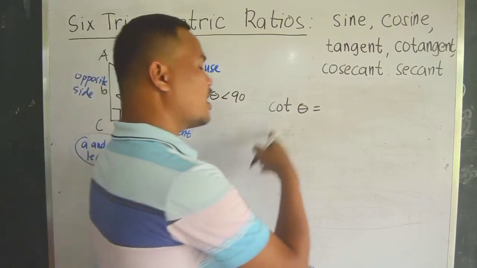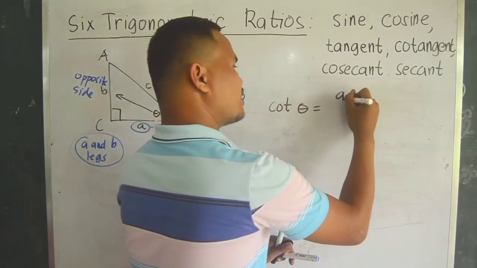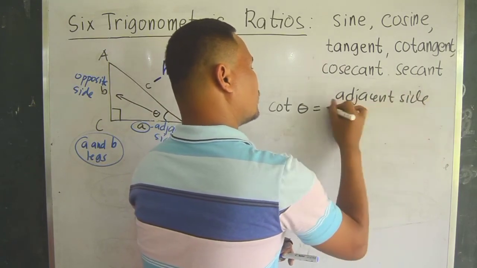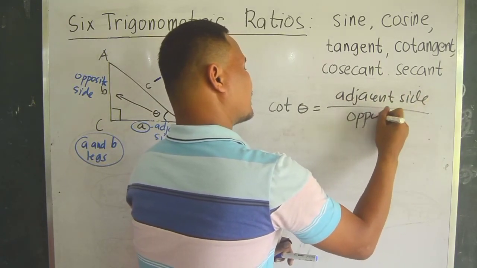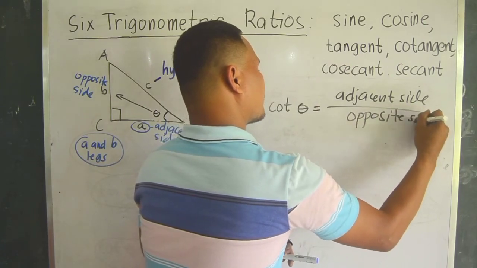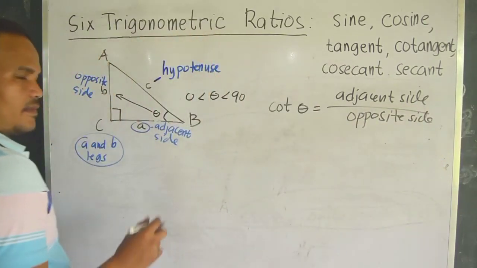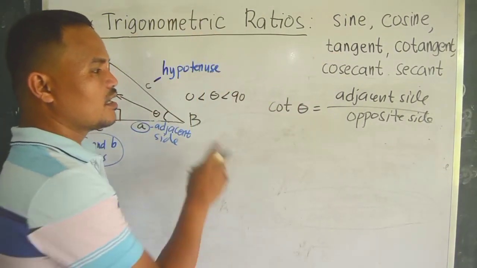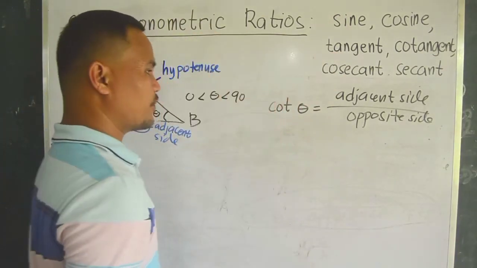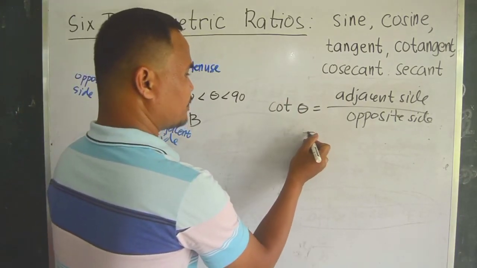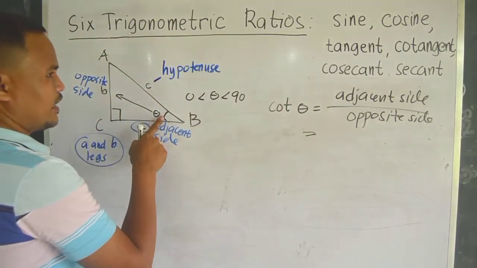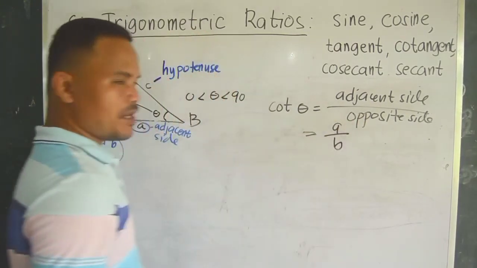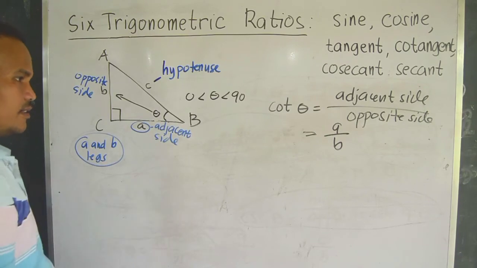Therefore, cotangent is adjacent side over opposite side. So in this figure, cotangent theta is A over B. That's cotangent.